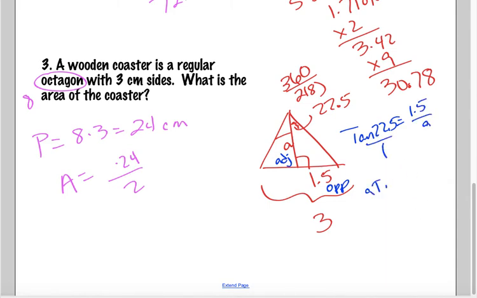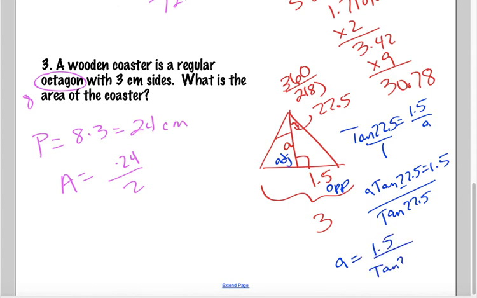So A tan 22.5 equals 1.5. And then I'm going to divide by tangent 22.5. So the apothem is 1.5 divided by tangent 22.5. About 3.62.